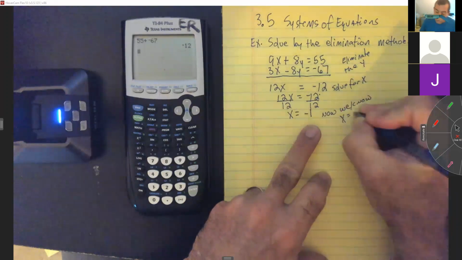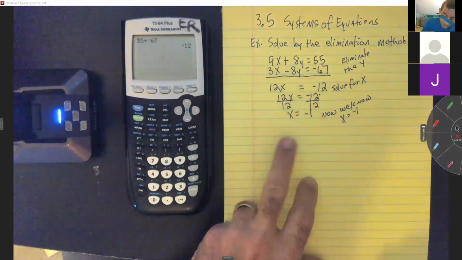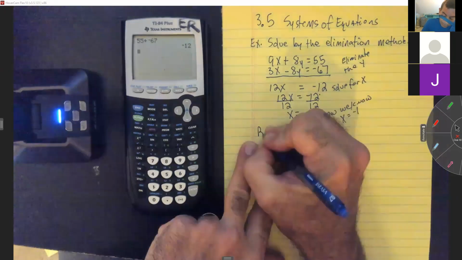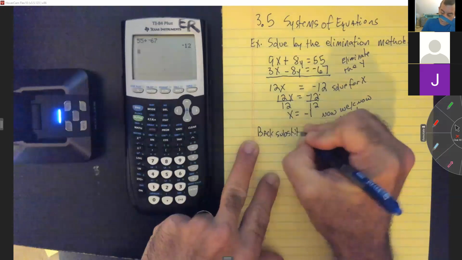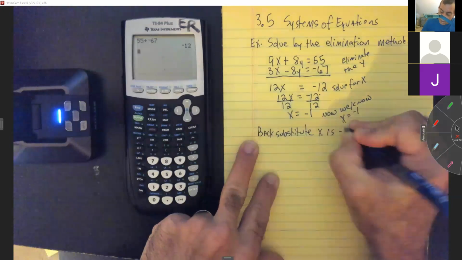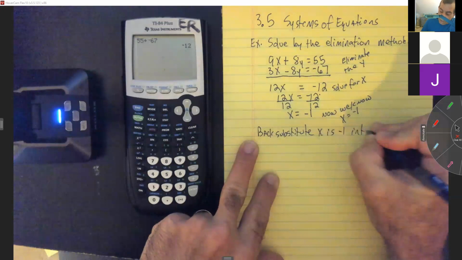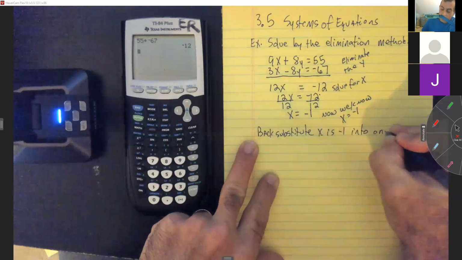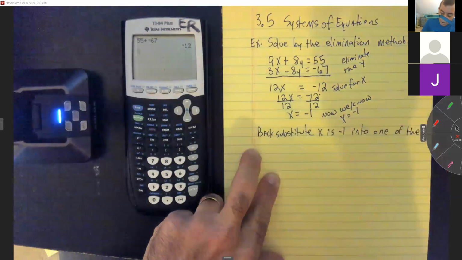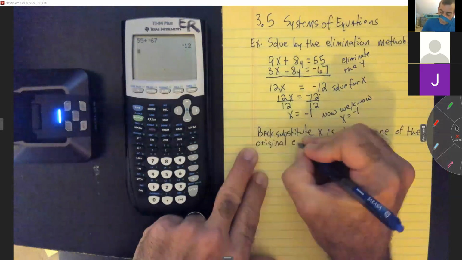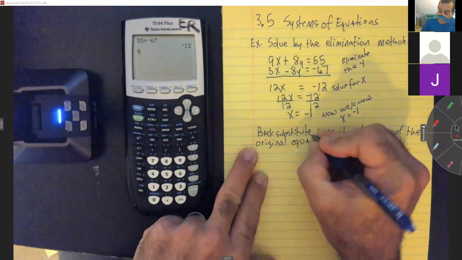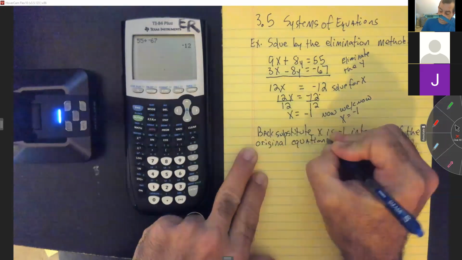So what we're going to do now is back substitute x is negative 1 into one of the original equations and solve for y.